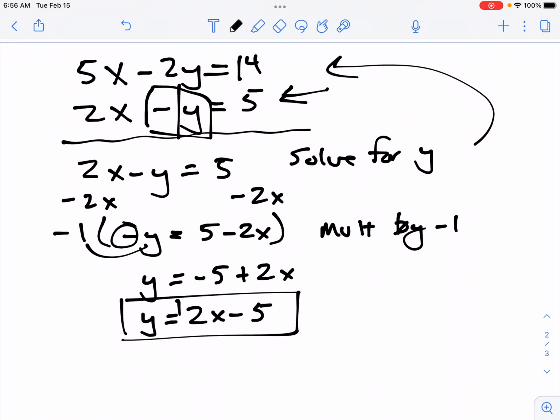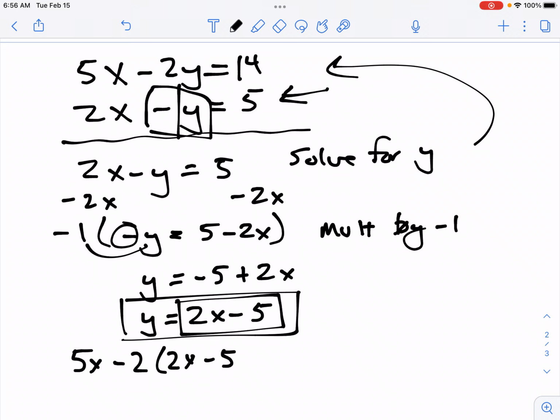All right, and I'm going to be substituting in the other equation with this 2x minus 5 wherever I see y. So the other equation is this 5x minus 2y, right? But I'm not going to write y, am I? No, I'm gonna write minus 2 times, and where we have y, we have 2x minus 5.